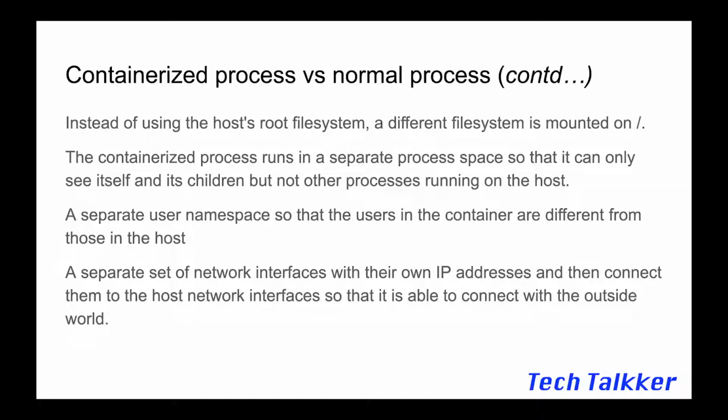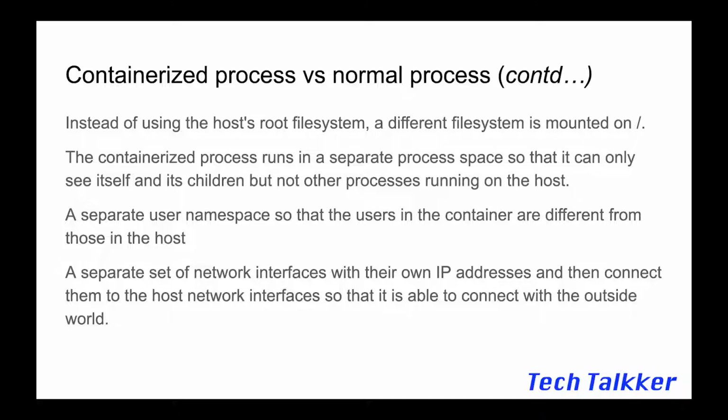Let's continue. Let's go through some of the differences between a normal process and a containerized process. Instead of using the host's root file system, a different file system is mounted on slash. The host's slash directory is not mounted into the container's slash directory. It's a separate one. The containerized process runs in a separate process space so that it can only see itself and its children, but not other processes running on the host.